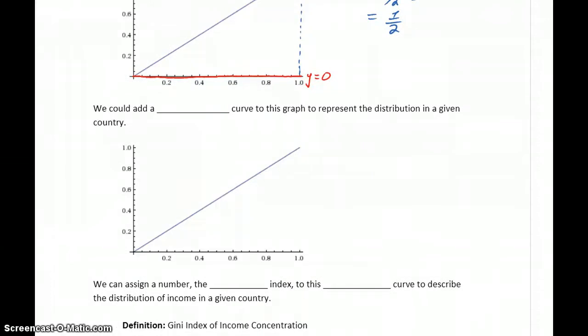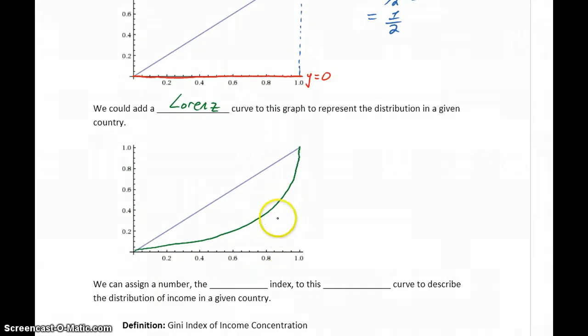What we would typically see with a graph like this is something added to it called a Lorenz curve, so named by the sociologist who came up with this idea. A Lorenz curve represents the distribution in a given country. So this line y equals 0 is our worst case scenario. What we would typically see is something that looks a little bit more like this.